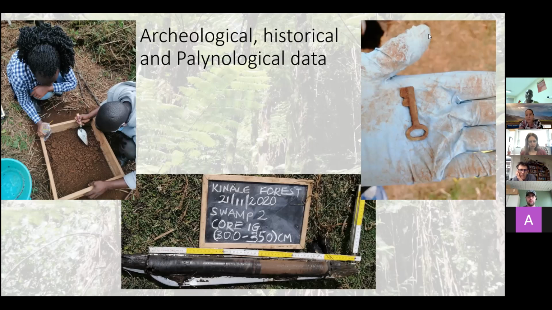And then we raised a short core of 50 centimeters using the Livingstone corer, and you could see how the sediments have changed, or the swamps have changed, with some of them drying completely at some point, but now some of them are restoring and getting back to their former situation. Next.